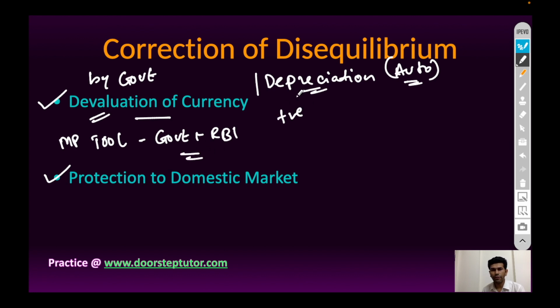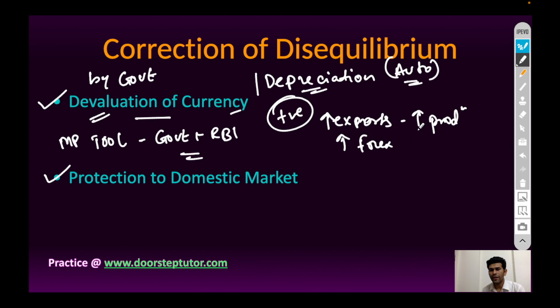What are the positive impacts of devaluation of currency? It increases exports. If exports increase, producers will produce more. There will be an increase in foreign exchange reserve and the balance of payment deficit will be reduced.